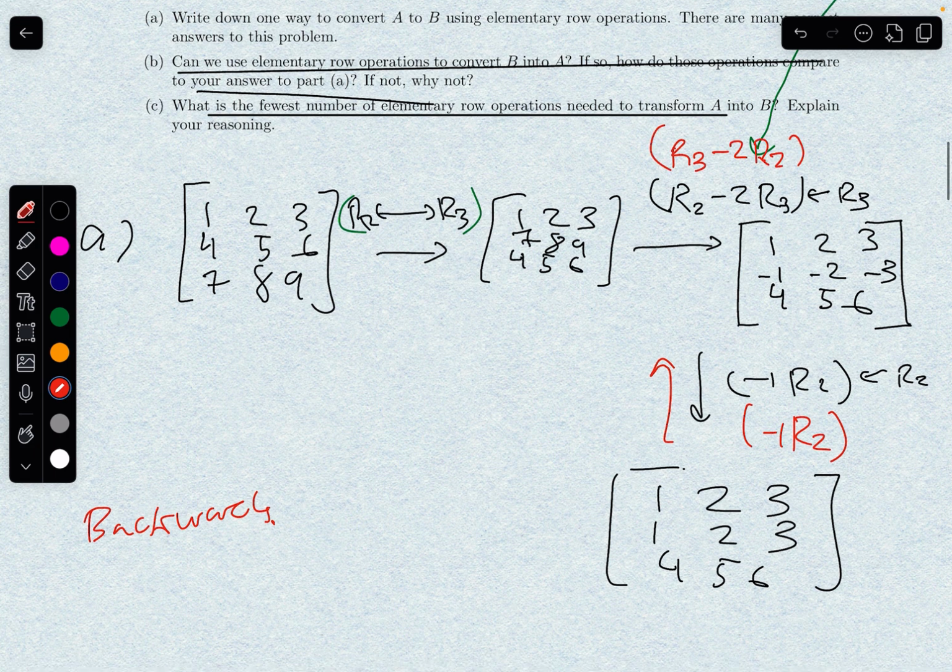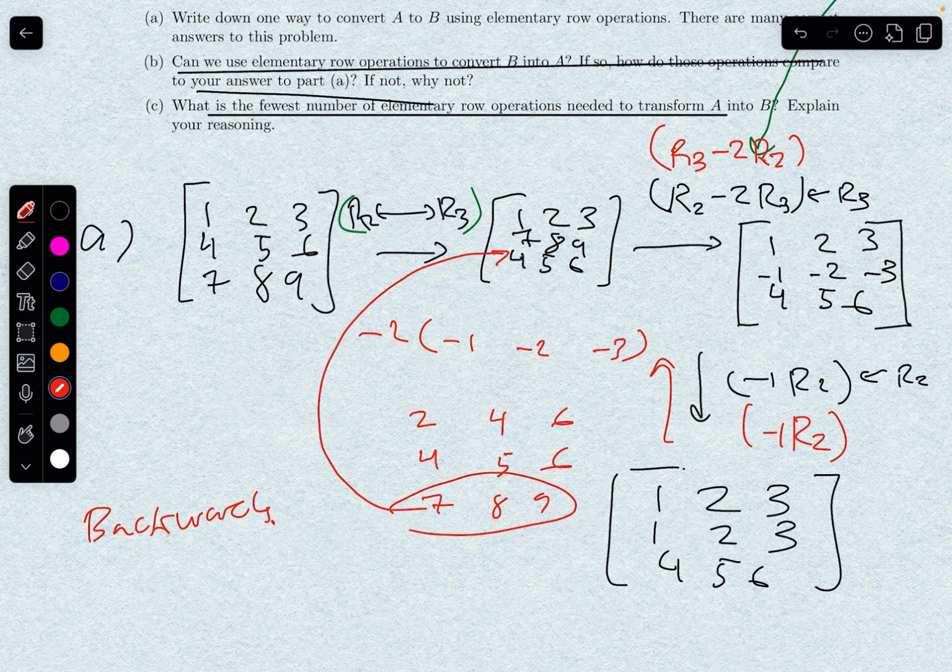You think about it like that. So this minus 2 times R2, which is going to give us right back here, right? Because negative 1, negative 2, negative 3 times negative 2 is just going to be 2. It's going to be 4. And so that'll be 6. And if you add this to 4, 5, 6, well, it takes us right back to 7, 8, 9, which is exactly what we have up here.